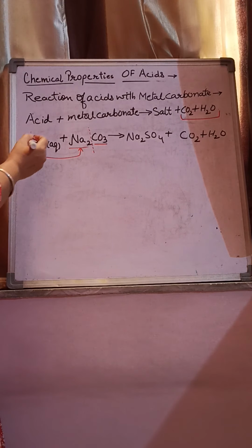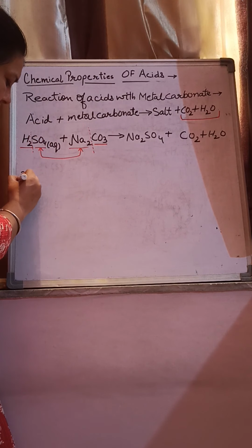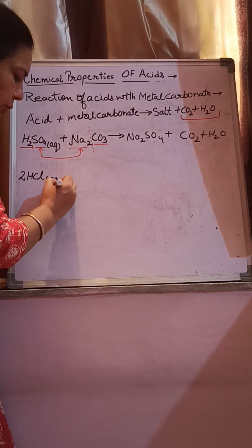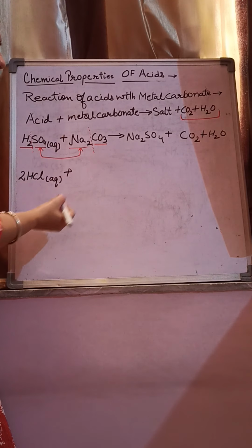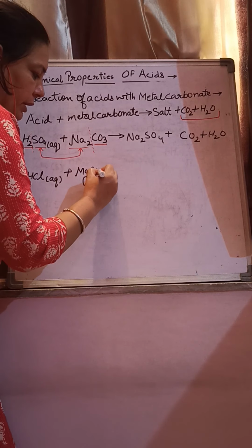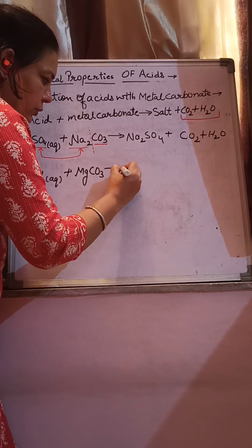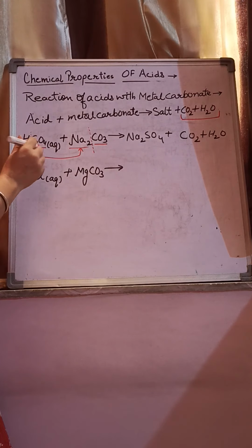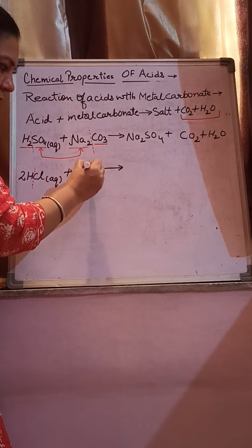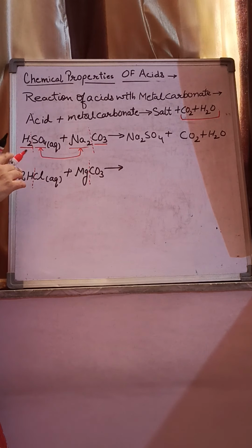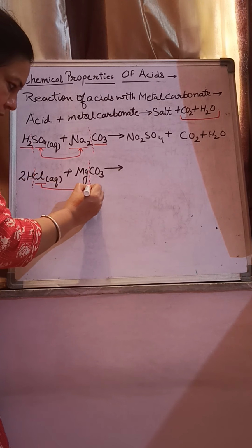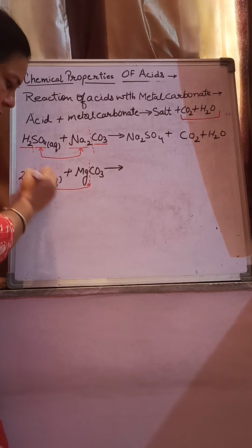Let us take one more example. We will take hydrochloric acid, HCl, okay children, and any metal carbonate, MgCO3, magnesium carbonate. What I will do? I will separate the acid into two parts, the metal carbonate into two parts, attach this anion with the metal.